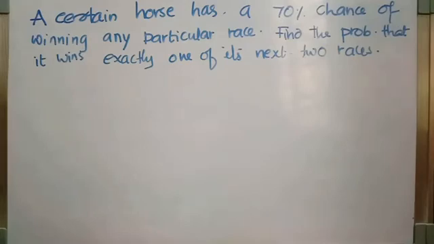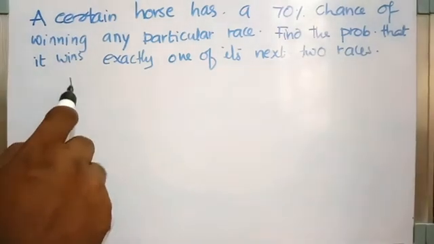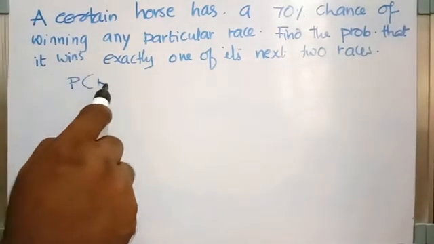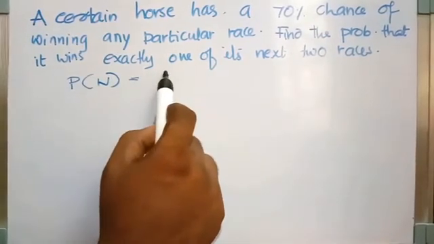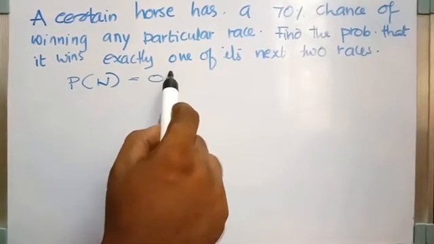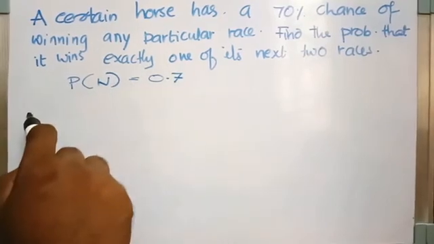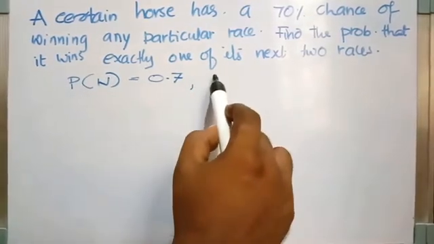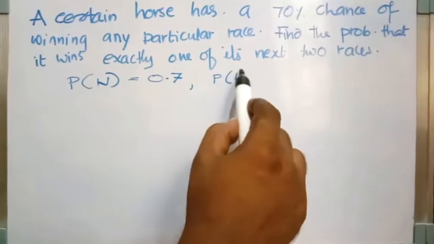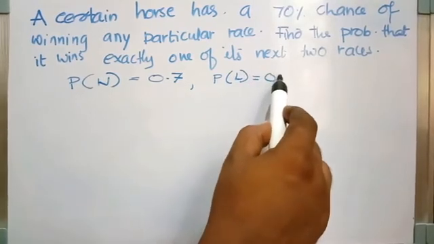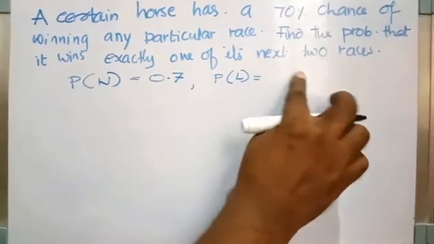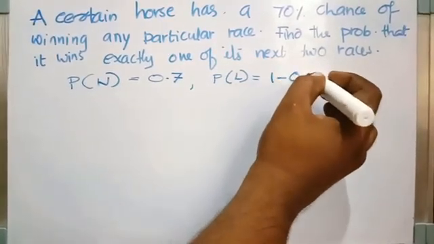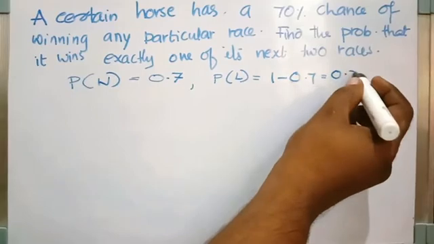From this sentence we can find the probability of winning the race. Let it be P of W is 70%. 70% is 0.7. That means the probability to lose is 0.3, which is 1 minus 0.7.